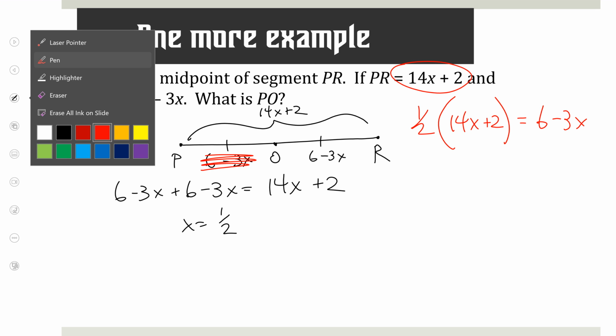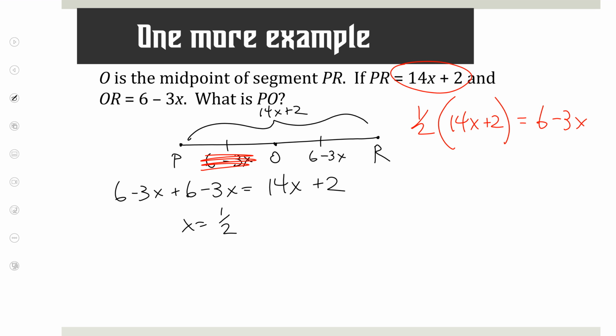Method number 3. Stay away from the yellow. Jackson already told us that OR is half of PR. What if we flip that? How does OR relate to PR? In other words, I don't like fractions, so I'm not going to use this.